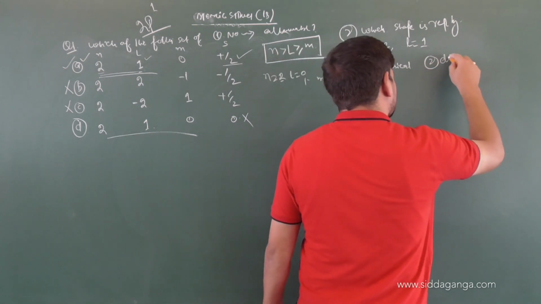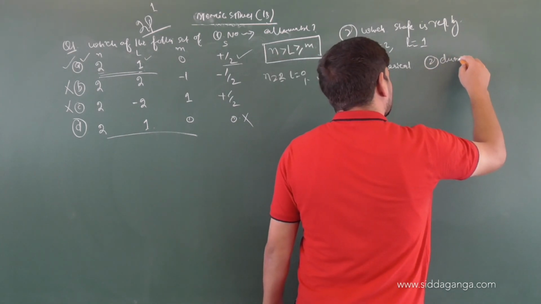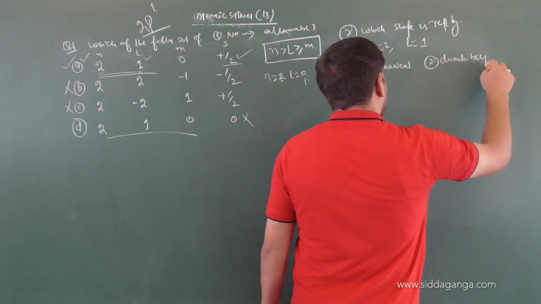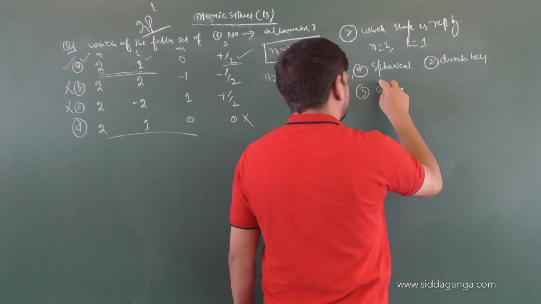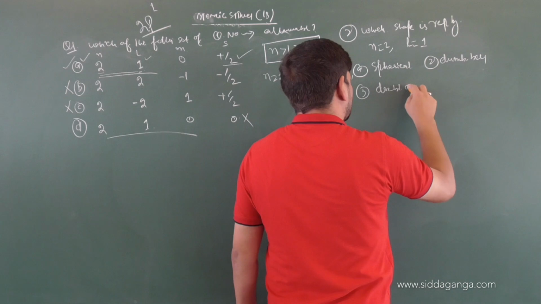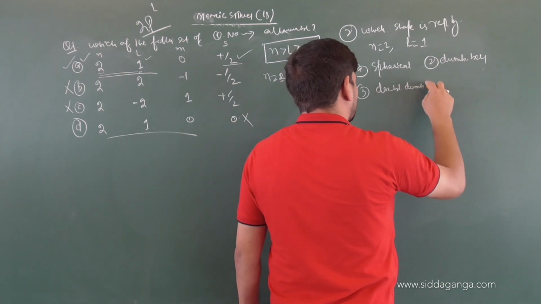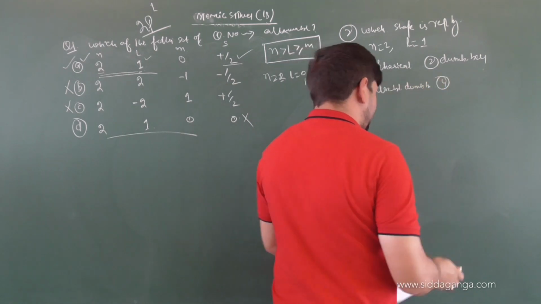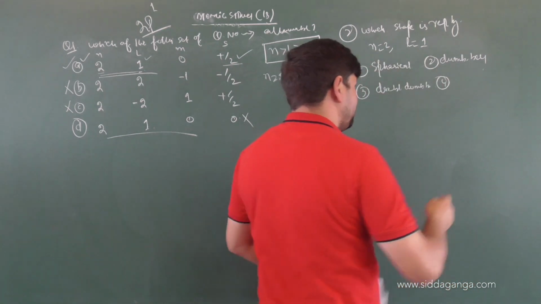Option 2 is dumbbell. Option 3 is double dumbbell. And option 4, which is given to us, is pyramidal.